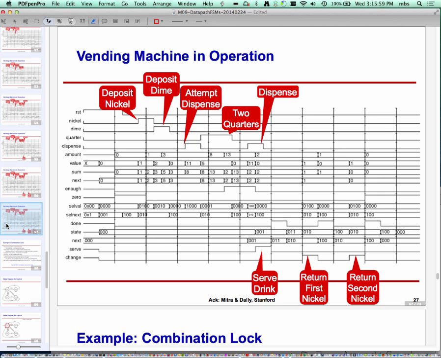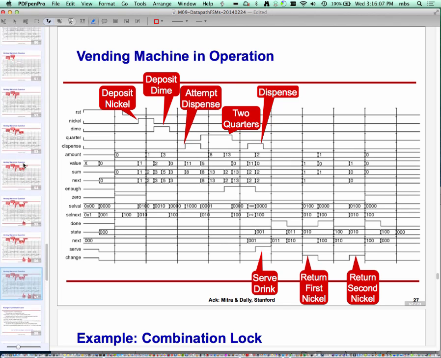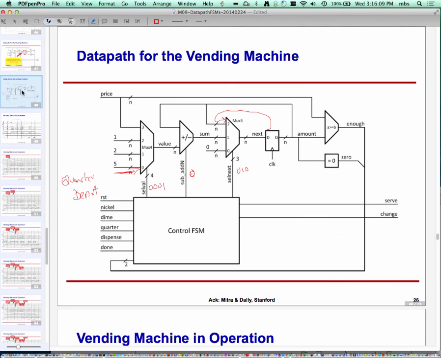Okay. Is the enough and the zero, is that considered feedback control? Which one? You're talking about this? Yeah. It's a comparator, and whose output is 1 bit, and it's going back to the controller. That's a status. That's the status for the datapath.